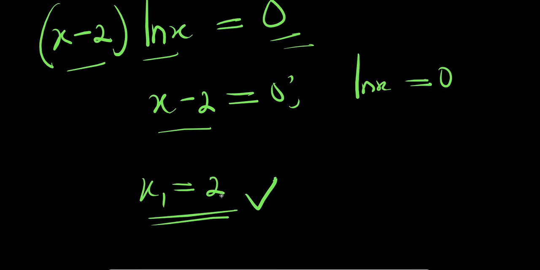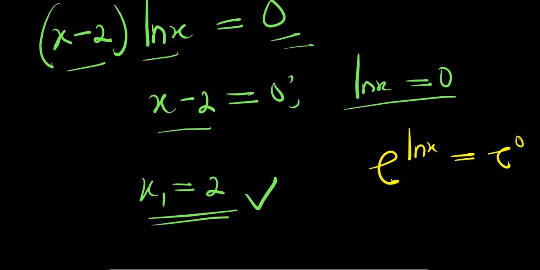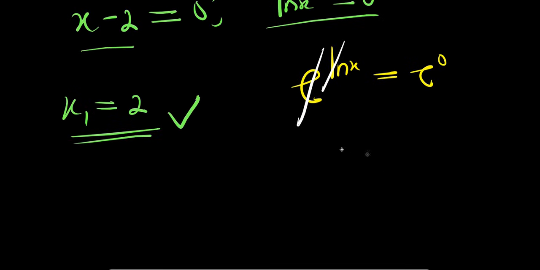Now, I can solve for x here by making use of e: e power natural log x equals e power 0. e cancels natural log, then I have x equals e power 0, and e to the power of 0 is 1. So x equals 1.